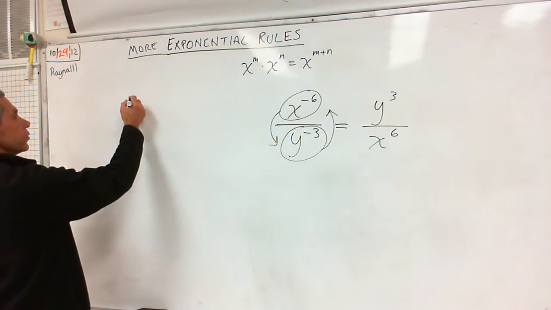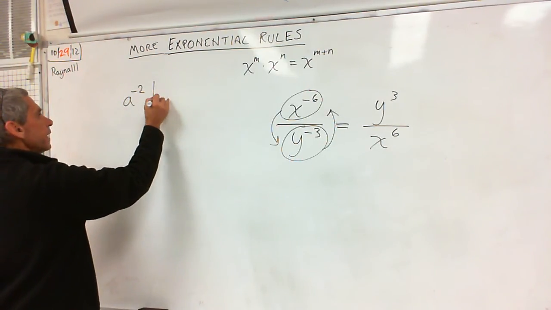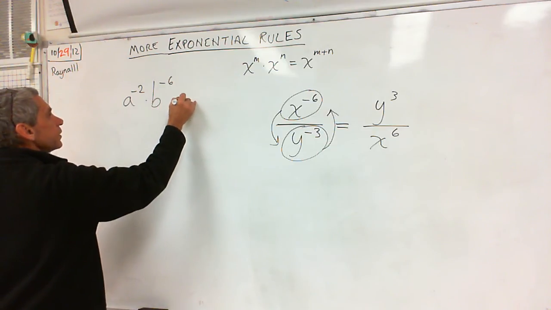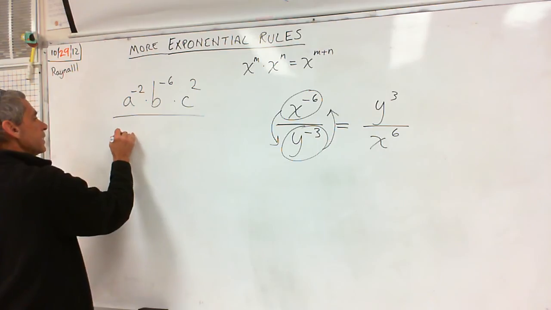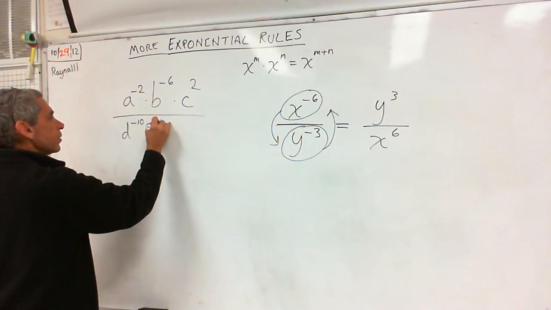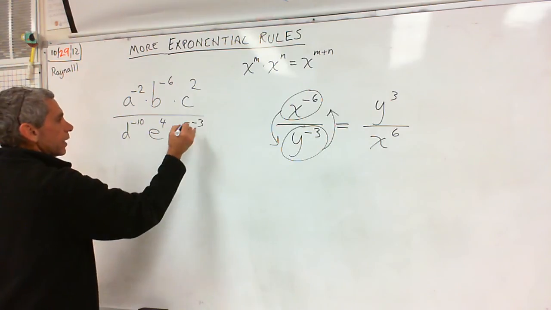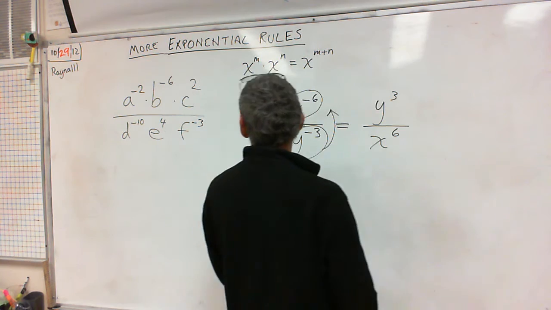All right, so let's try this one. Let's say we have a to the negative 2, b times b to the negative 6 times c squared all over d to the negative 10, e to the 4th, f to the negative 3. That looks a little scary, doesn't it?